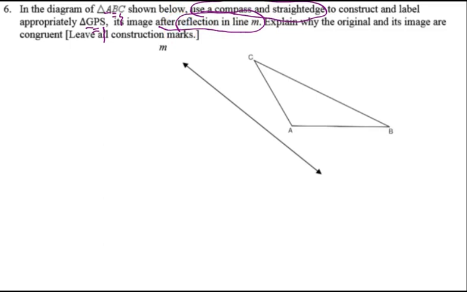So what you have to remember is that reflection is basically visualizing the rays of light coming down at the line of reflection at a right angle. So here is my line of sight. Here is my other line of sight. And B would have a line of sight. I would have to continue line M.